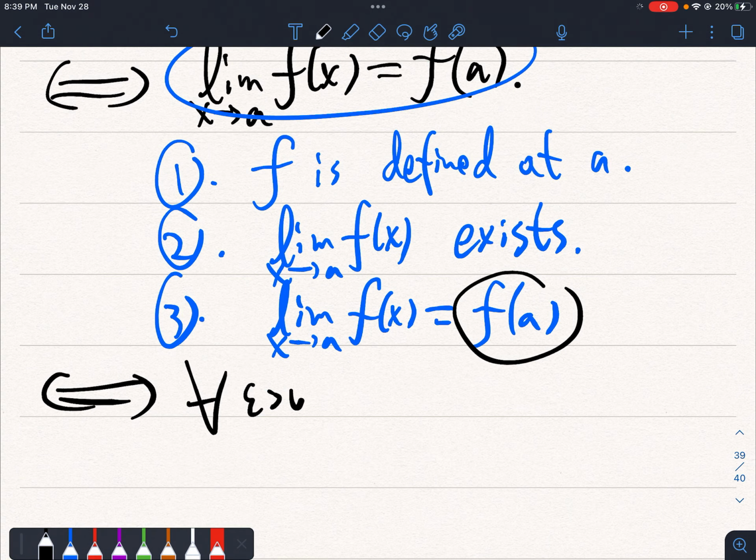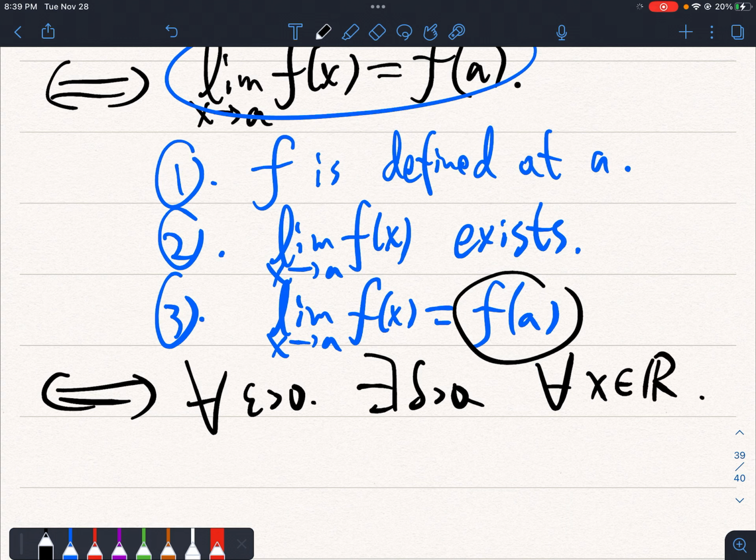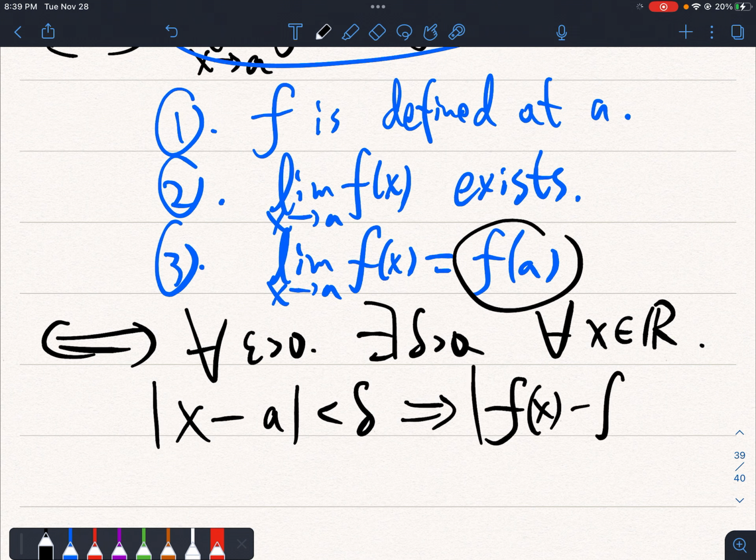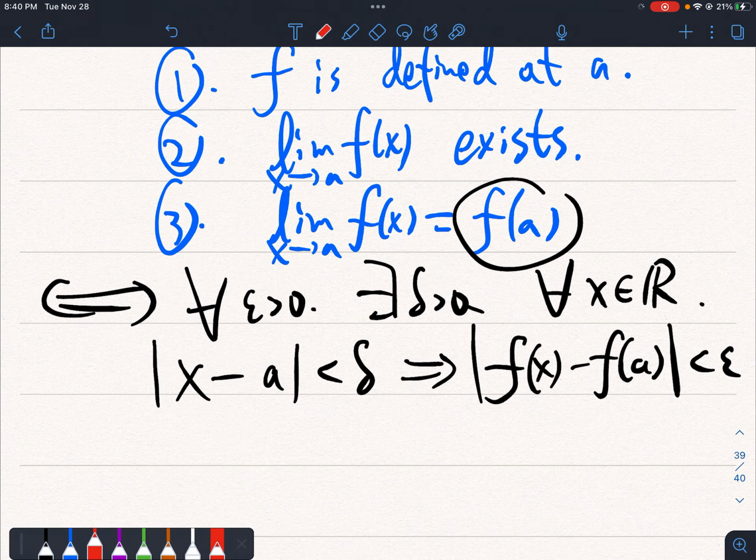So you have this equivalence. This is true for all epsilon bigger than 0: you can find some delta bigger than 0 such that for all x in R, if the distance from x to a is less than delta, then the distance from f of x to, not any L, but to f of a, is less than epsilon. So now there are two tricks.